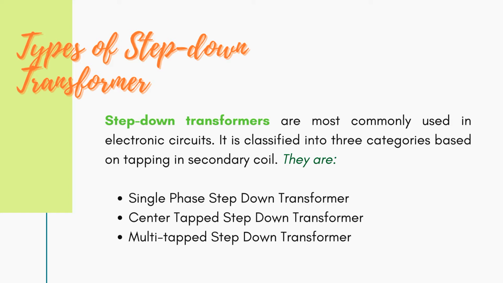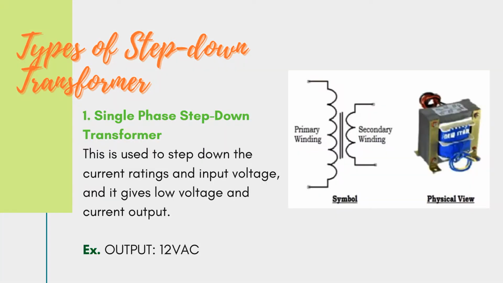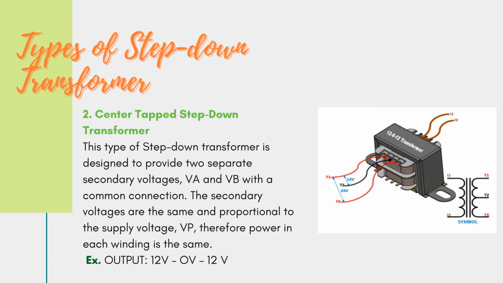Multi-tapped step-down transformer. 1. Single-phase step-down transformer. This is used to step down the current ratings and input voltage, and it gives low voltage and current output. Example. Output, 12 VAC. 2. Center-tapped step-down transformer.